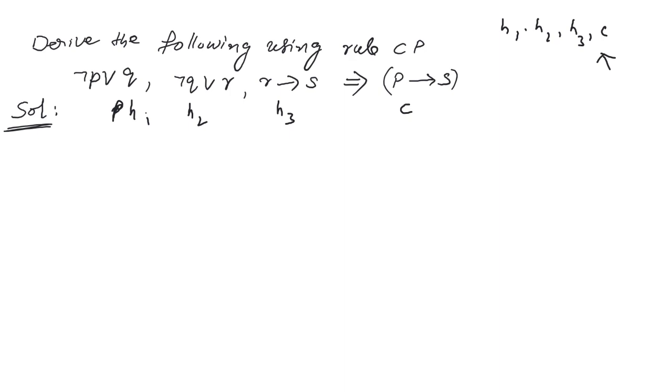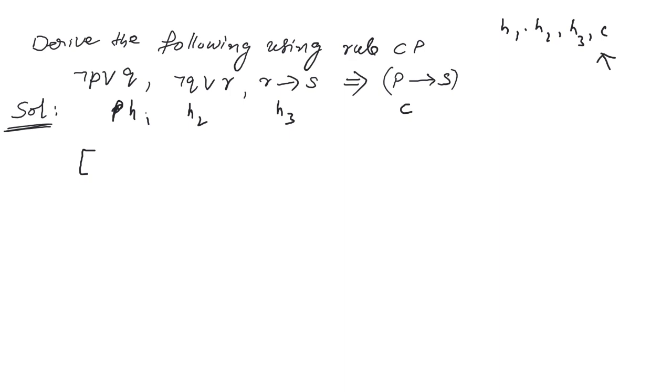Now, P conditional S. Why am I using rule CP? If the conclusion of an argument involves a conditional statement P conditional S, then we should consider the hypothesis of that conditional statement as an additional premise, and we should show the conclusion part of it.